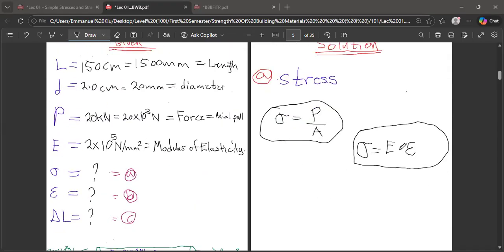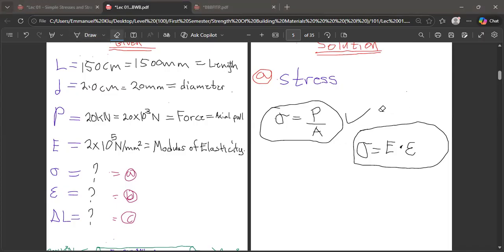But what about the other formula? If we want to use the other formula, you realize that we don't know the strain, and they are also asking us to calculate the strain over here. So if that is the case, let's adopt the first formula.